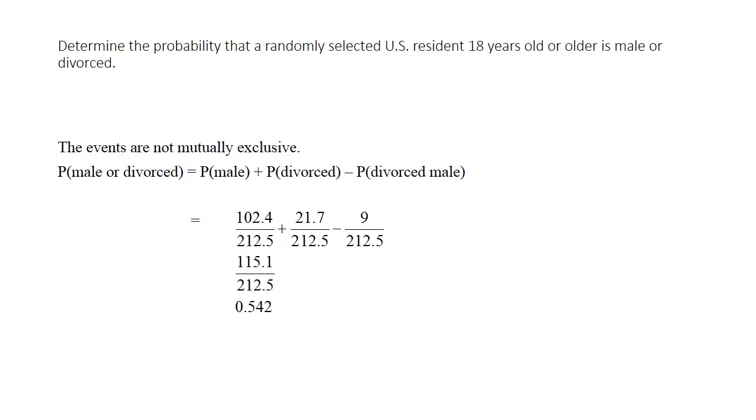This equals 102.4 divided by 212.5 plus 21.7 divided by 212.5 minus 9 divided by 212.5. That equals 115.1 divided by 212.5, which is 542 thousandths in decimal form.